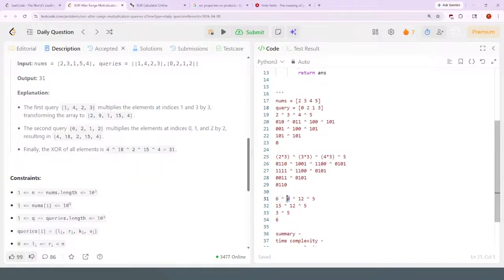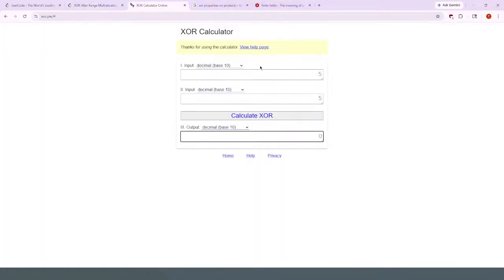So 8, 12, 16, 5. 8 and 12 is 4. 4 and 16 is 20. 20 and 5 is 17. Yeah, that's not really anything.